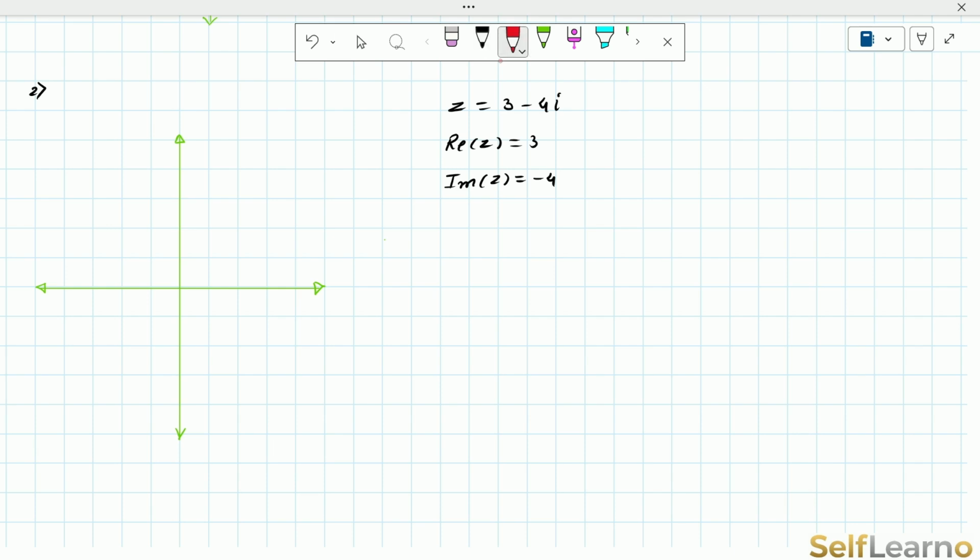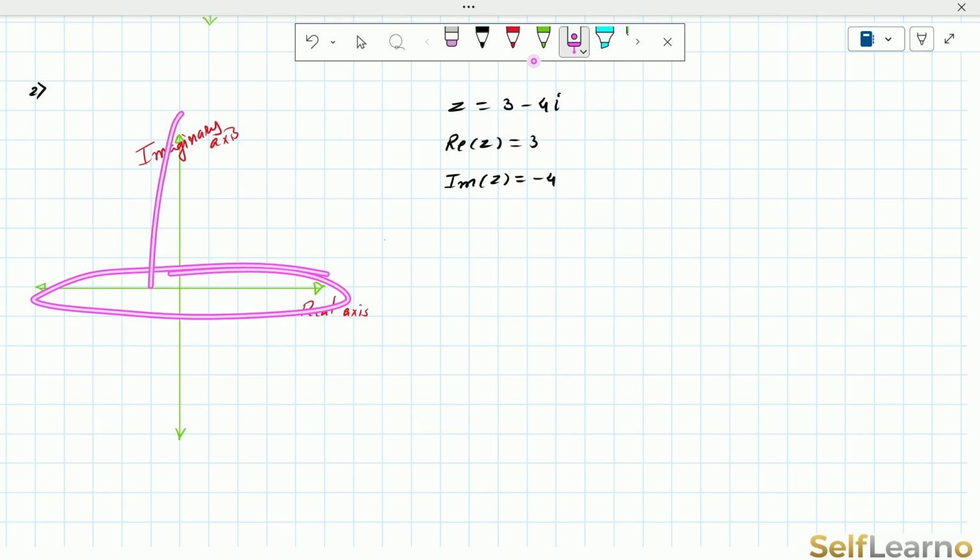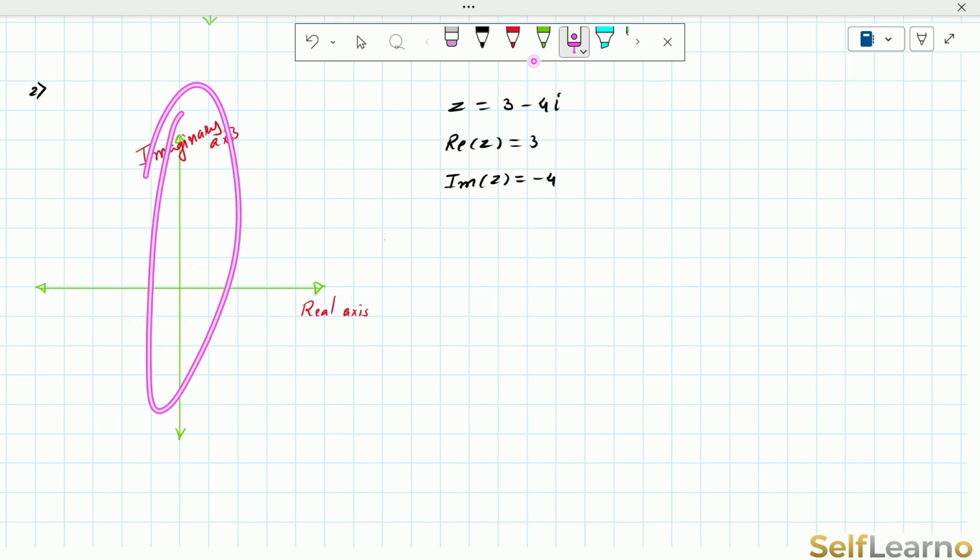So this horizontal axis is called real axis and this vertical axis is imaginary axis. So we will mention the real part over here and imaginary part over here. So the real part is positive 3.